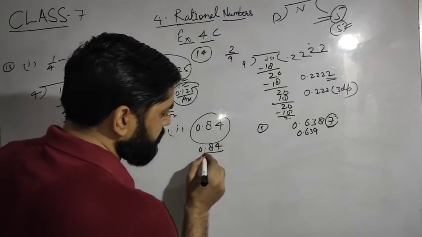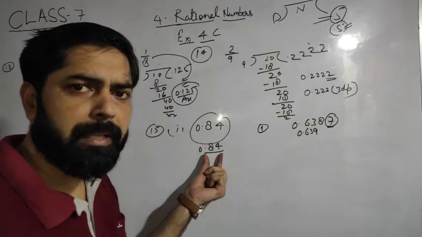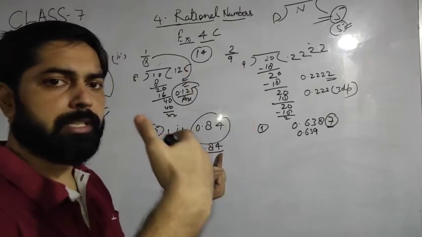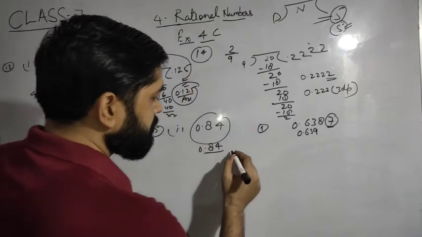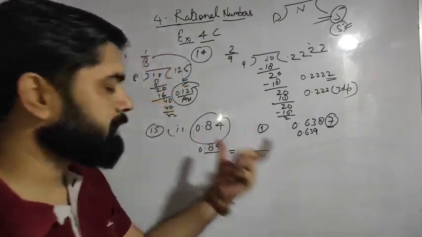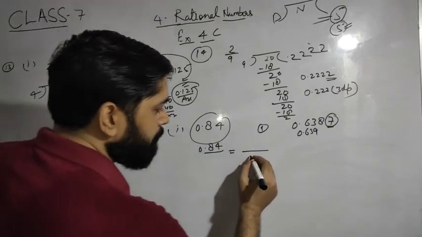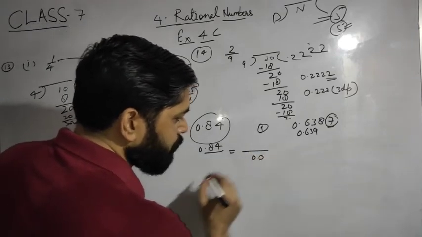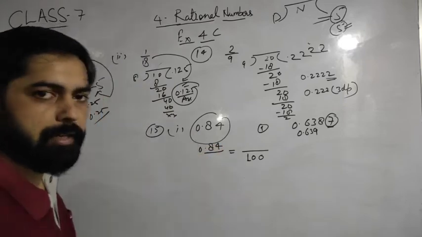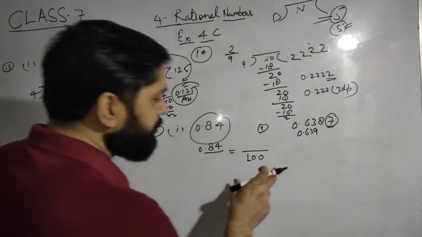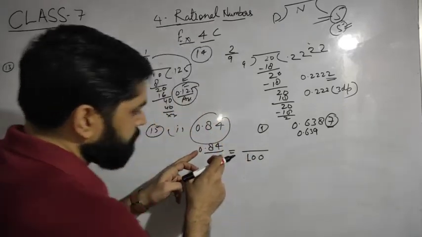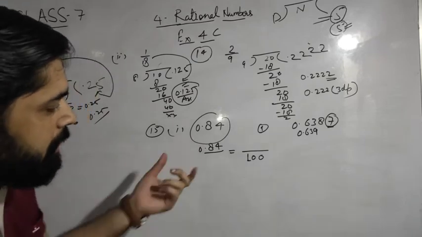So we observe the decimal places here, 2 digits.